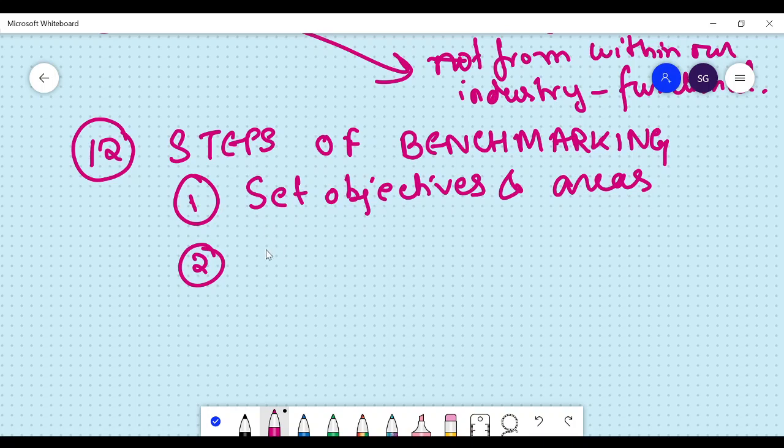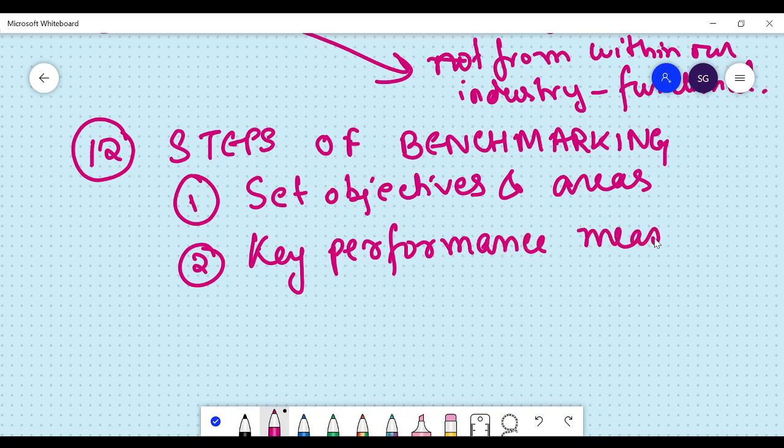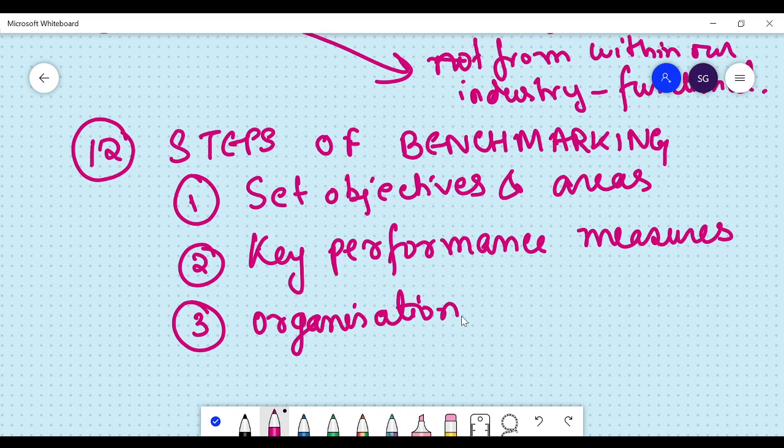Second is establishing key performance measures or performance drivers which will be used for benchmarking exercise. Next is selecting the organization to compare performance.